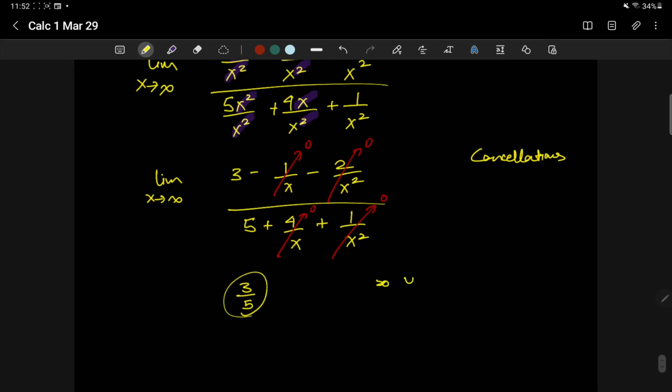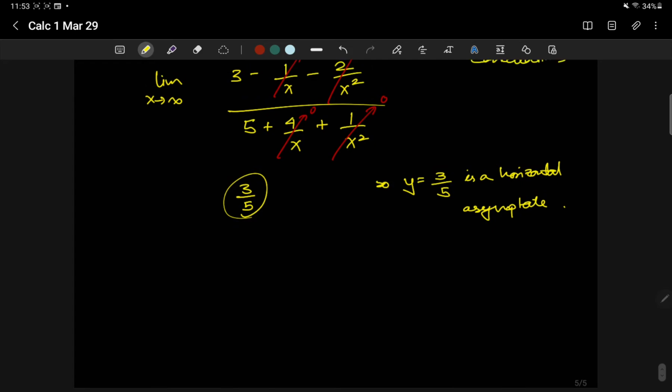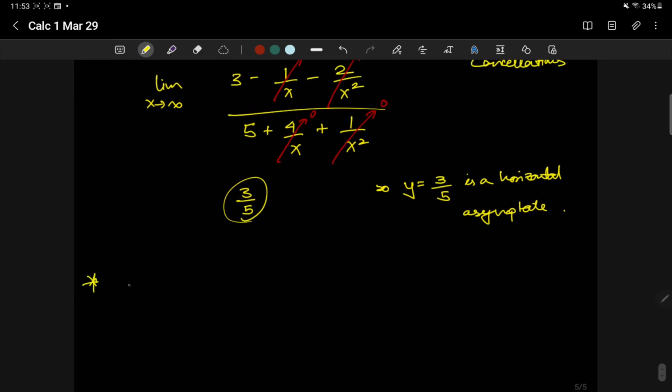Which means y equals 3 over 5 is a horizontal asymptote. Because recall that limits at infinity correspond to horizontal asymptotes.